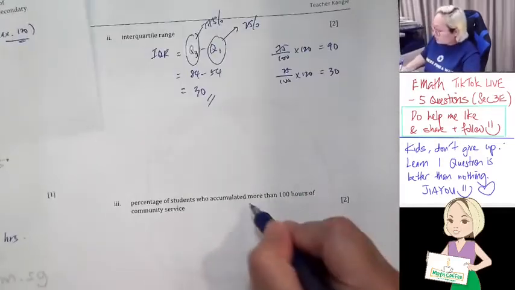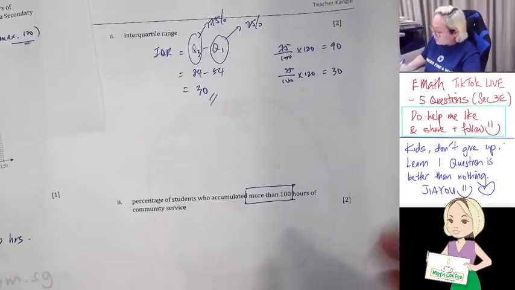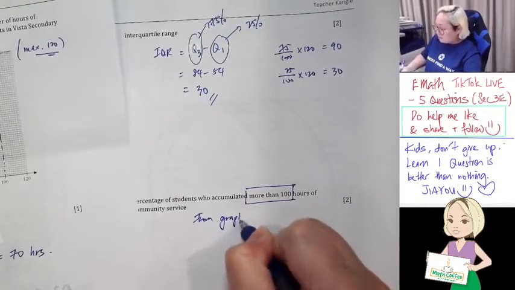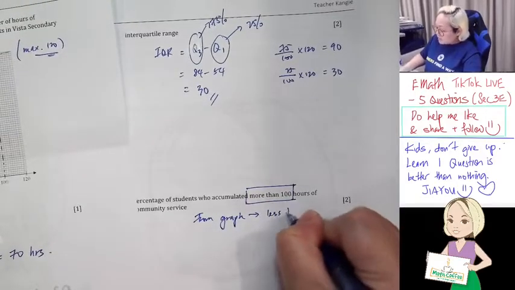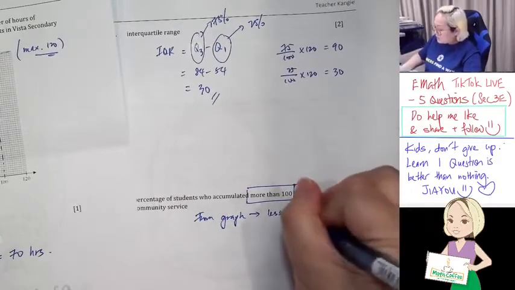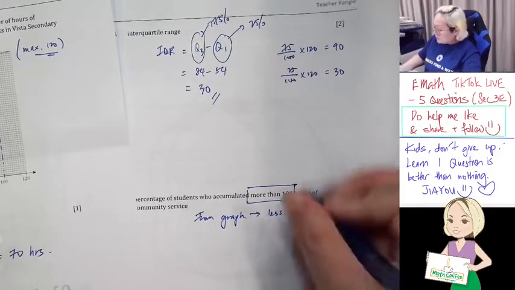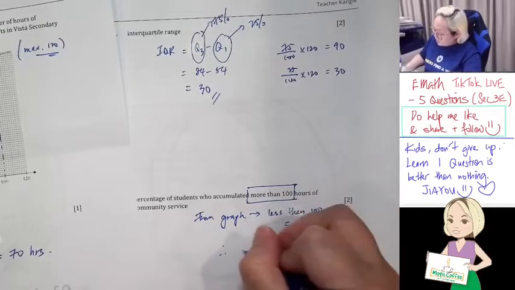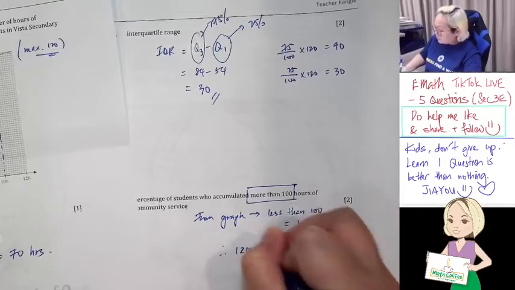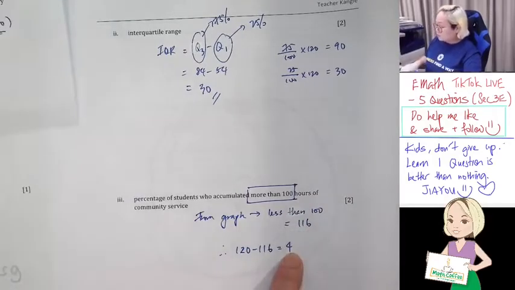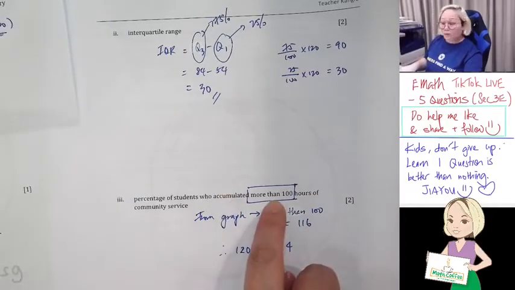Remember, the key is because it's more than. From the graph, less than 100 is 116. So we take the maximum, 120 minus 116, which is 4. So only 4 students accumulated more than 100 hours.